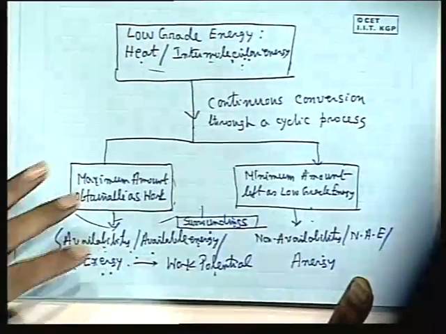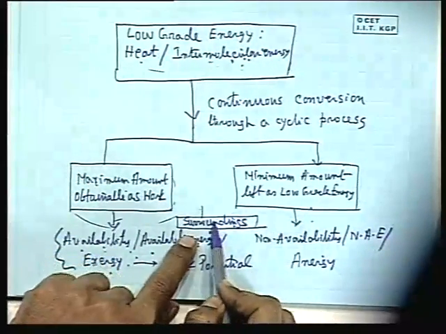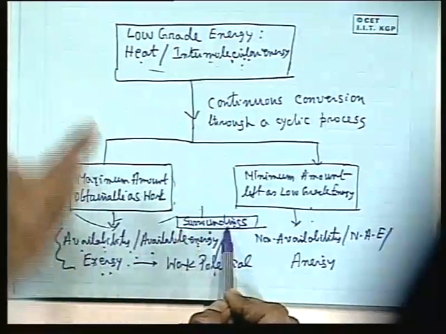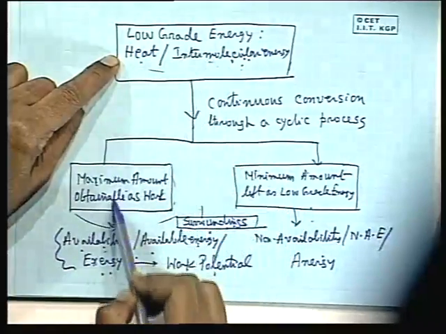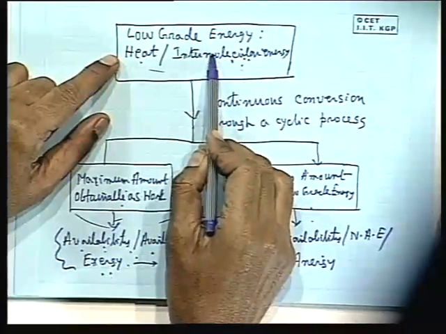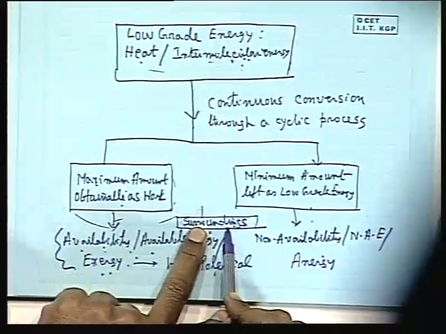So please repeat the last part about surrounding. Surrounding, this is because in the last part I explained that the maximum work that is obtainable from this low grade energy will depend upon the surroundings. For example, I am telling you have an elevated system, that means some pressure and temperature or some property with reference to a surrounding. So the maximum work that you can get from this system, there is an opportunity of developing work till the system comes to dead state.